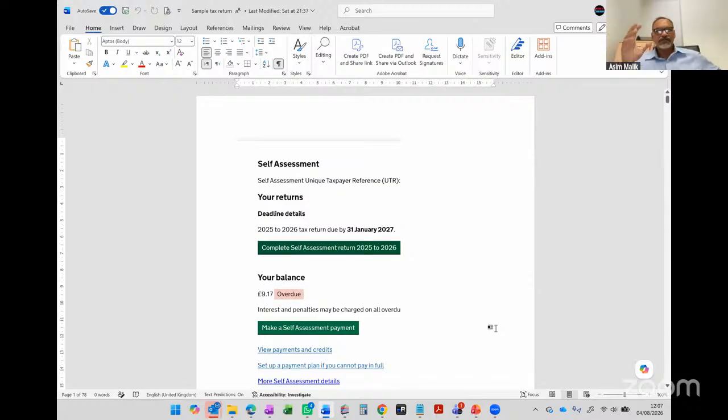Most of them have YouTube videos or their own manuals, so it's much easier for you to understand. But for people who are not doing the tax return through commercial software and are using the HMRC portal, I thought it's easier to just run through and show you step-by-step guidance.